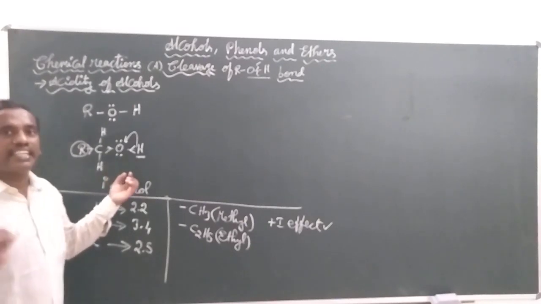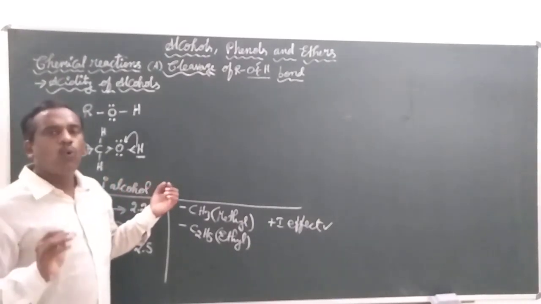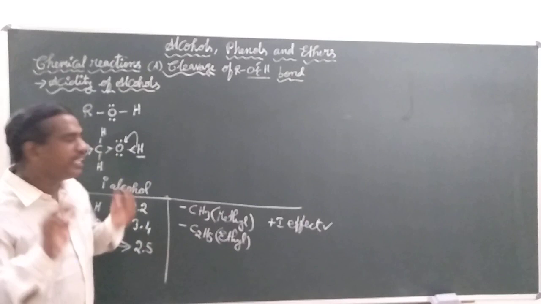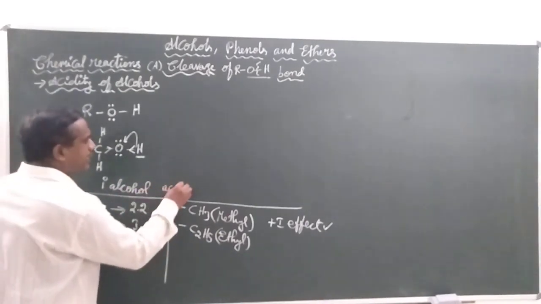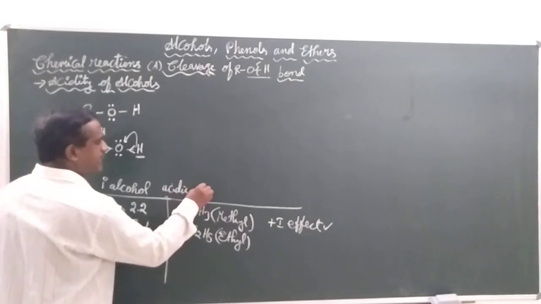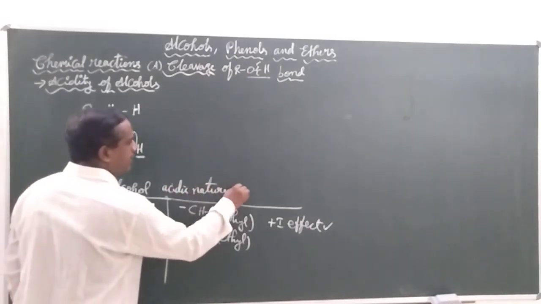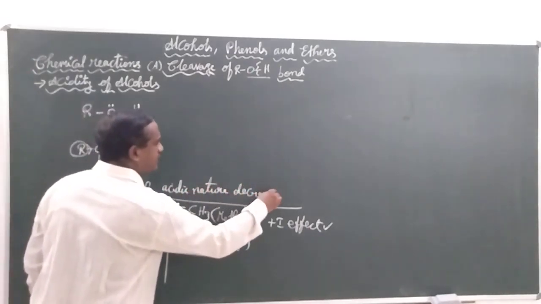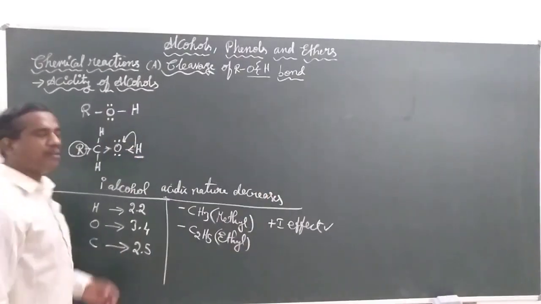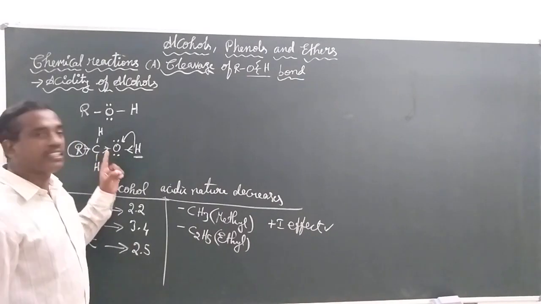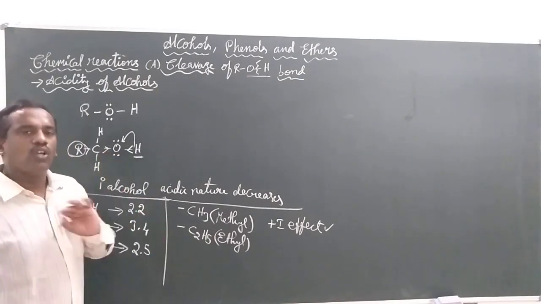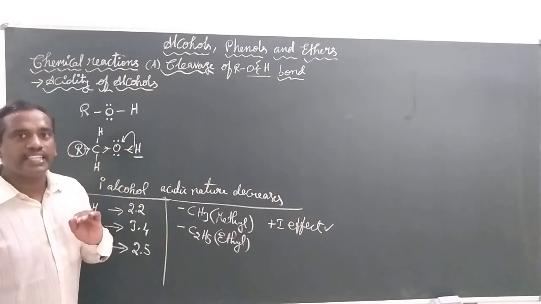Its acidic nature is decreasing. The acidic nature of the primary alcohol decreases. Why? Because there are groups of atoms donating electrons to the carbon, and in return the oxygen is getting the electrons. So its acidic nature is decreasing.